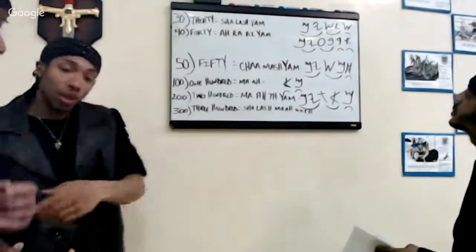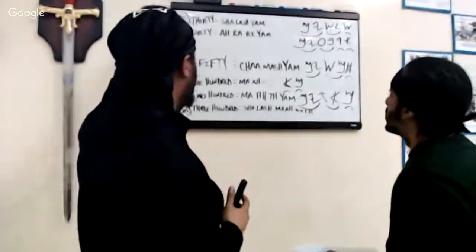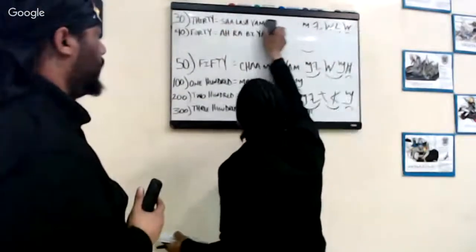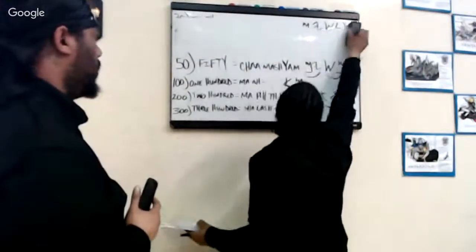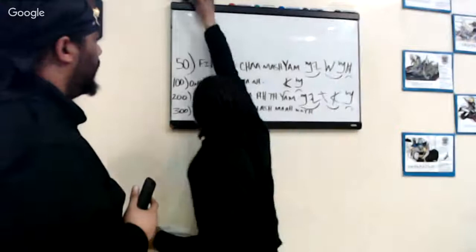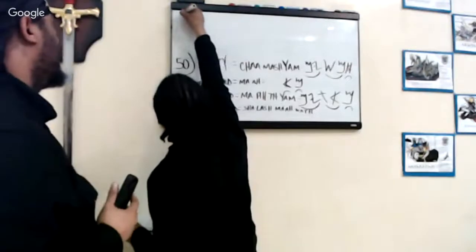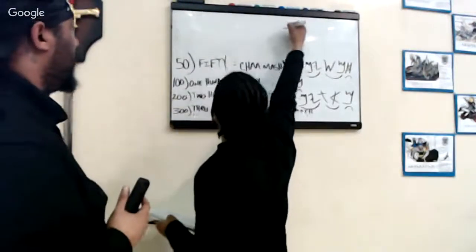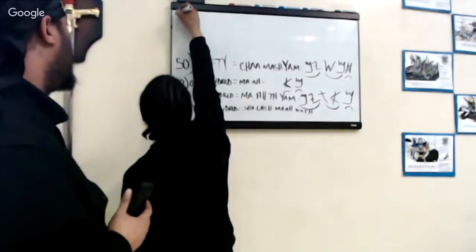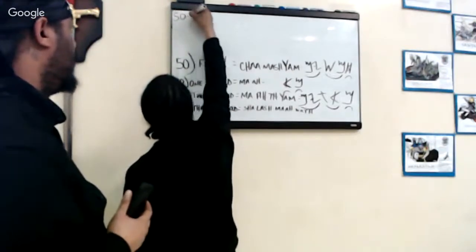Get him to write it down on the board. Erase 30 and 40. I want to say the 50th Passover. So put 50, write it out. 50 Passover, in English.